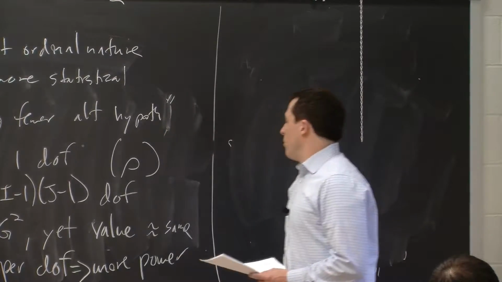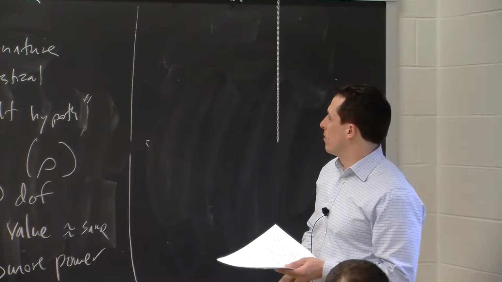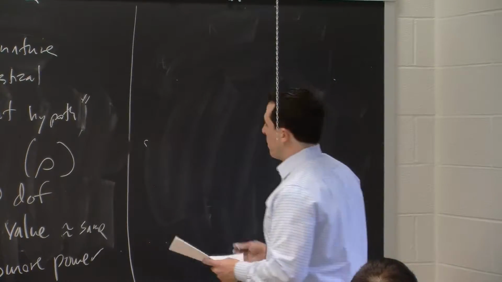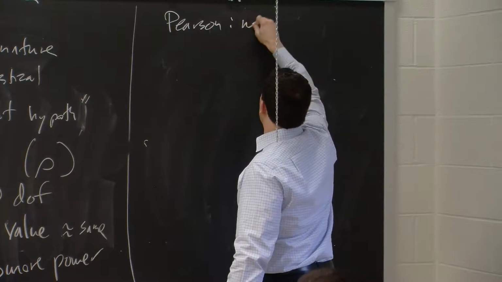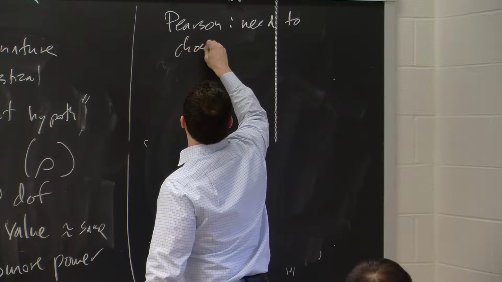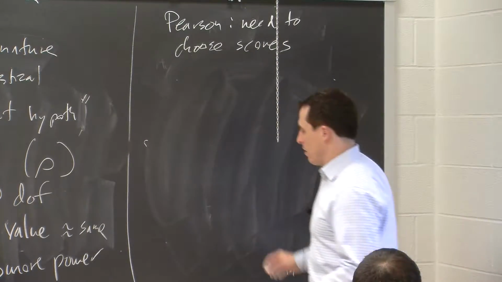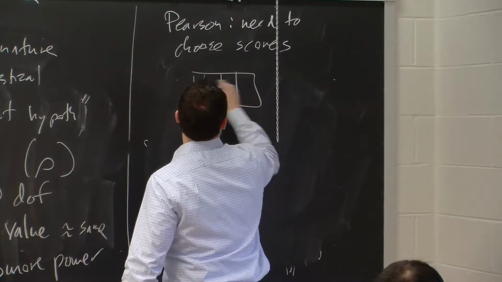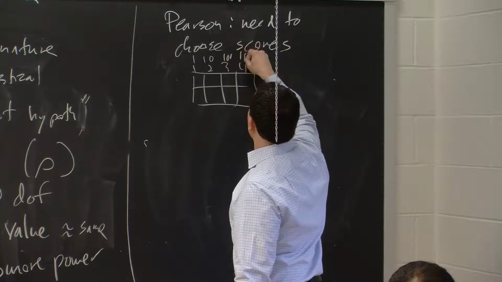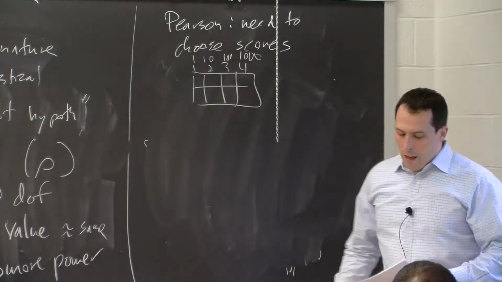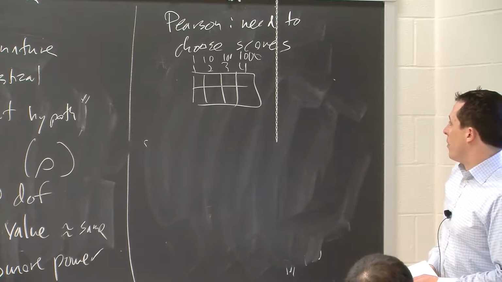Okay, so in the Spearman case, we have only one encoding of the scores, and so there's nothing to think about. But in the Pearson case, we need to think about the scores. So how do we assign a number to each of the entries of the table, right? Should we use 1, 2, 3, 4, or should we use 1, 10, 100, 1,000, or what? And of course, this is going to be something of an art. There's defaults.